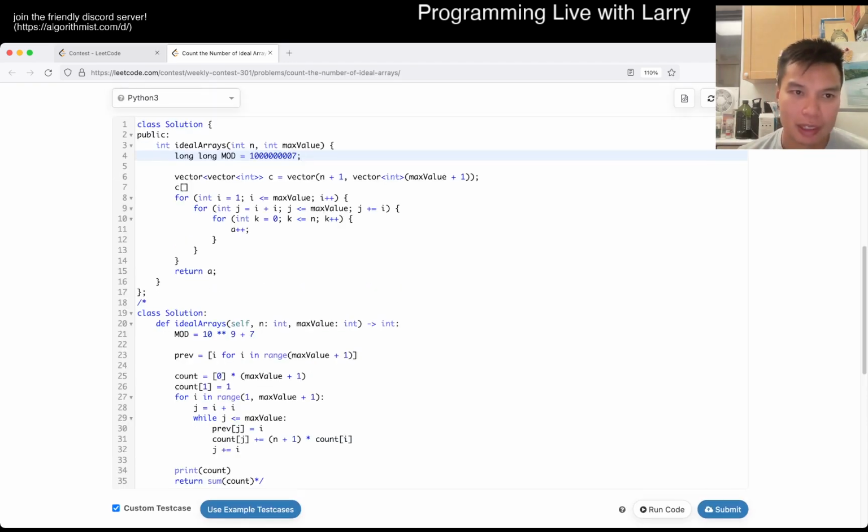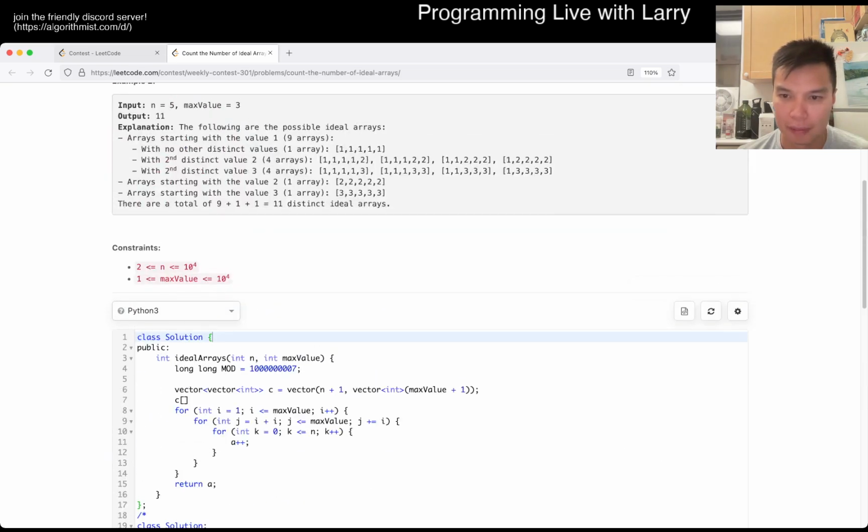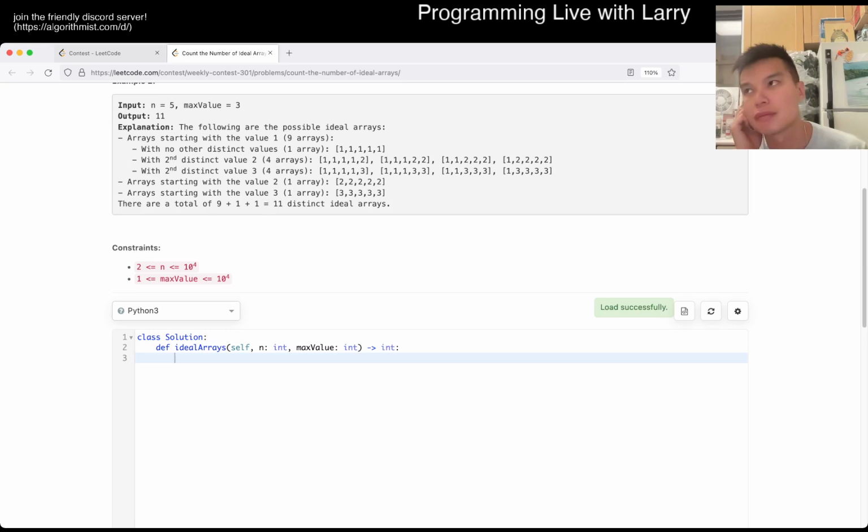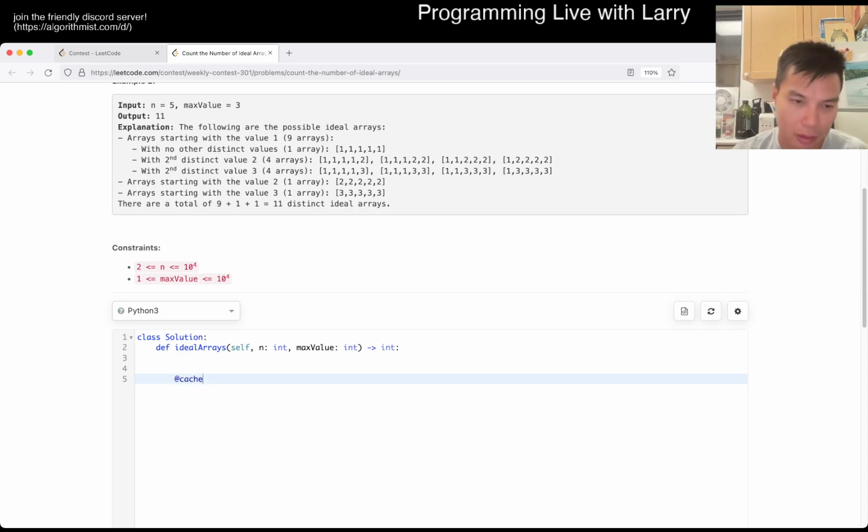All right, friends. Why is this Python thing showing me weird code? How do I reset? Okay, I think I get the idea. Let's see if I can do it with.